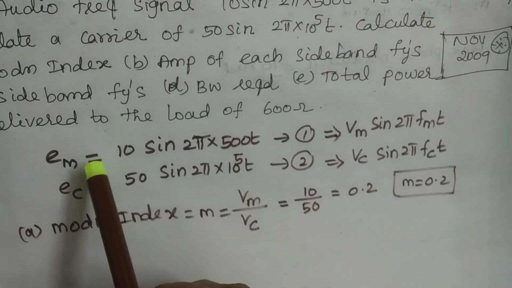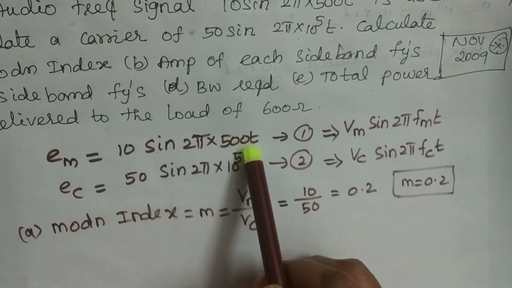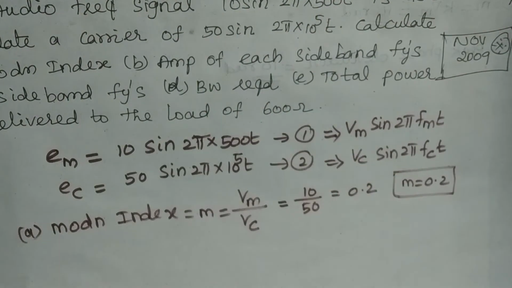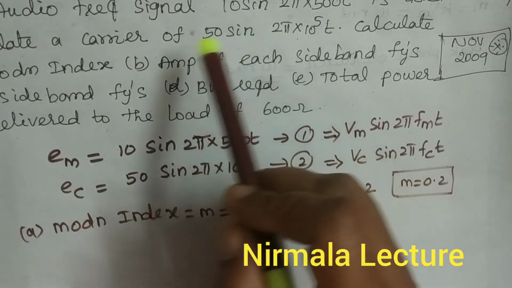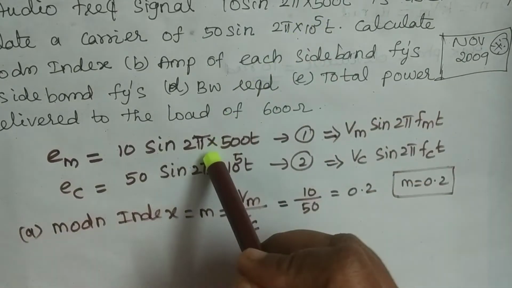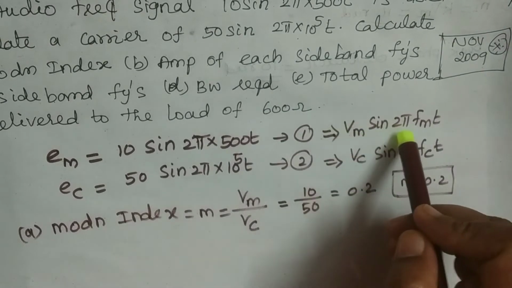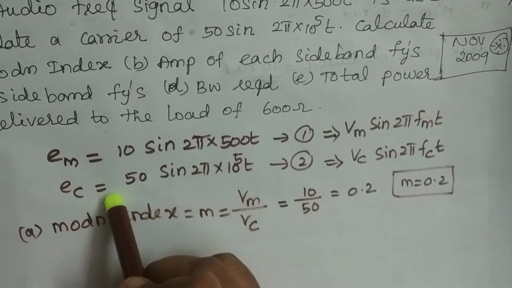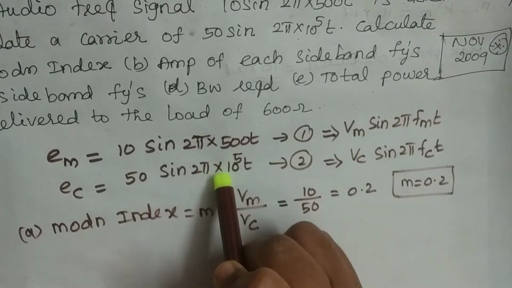Once again, 10 sin(2π × 500t) is the modulating signal and 50 sin(2π × 10^5 t) is the carrier signal, given directly in the problem. The modulating signal is Vm sin(2π fm t) and the carrier signal is Vc sin(2π fc t).